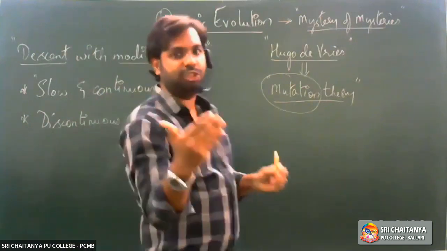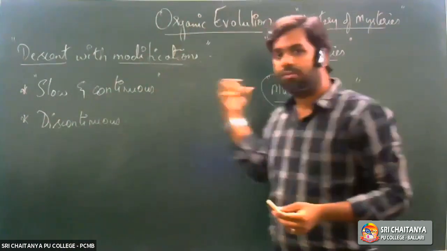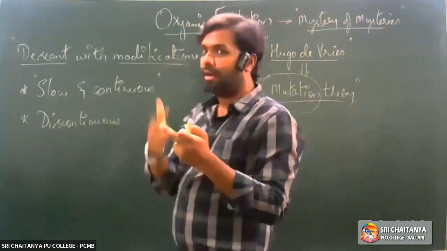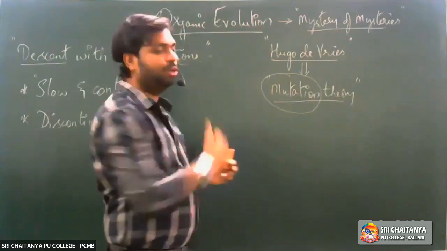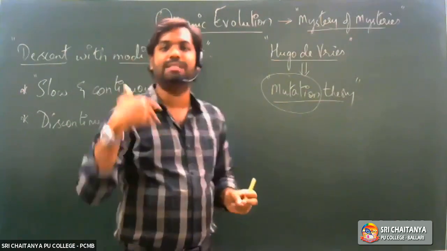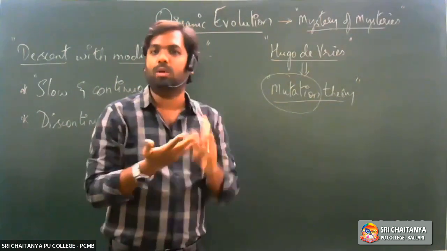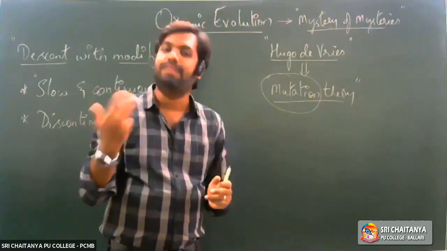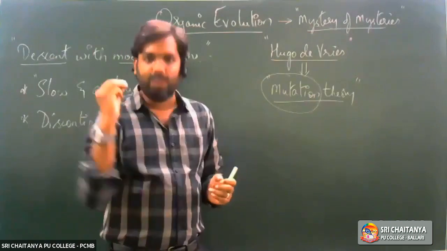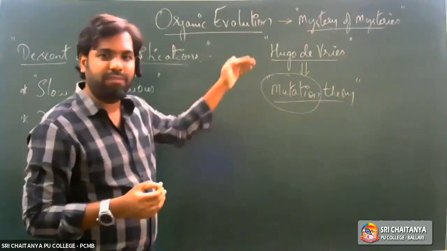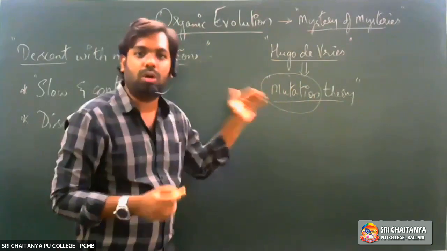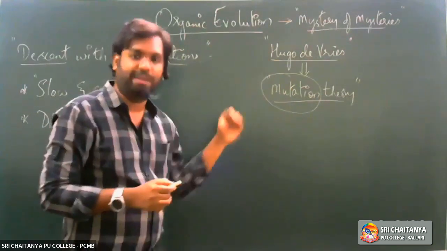In the later sessions, we'll be getting into each of these theories in detail. We'll be getting into Lamarckism, Darwinism, and Hugo de Vries' mutation theory. And we have one more theory, which is called neo-Darwinism, or we rather call it the modern theory or synthetic theory. We'll be taking up these four theories in detail, and we'll see what were the postulates given by each of the scientists in each of those theories.